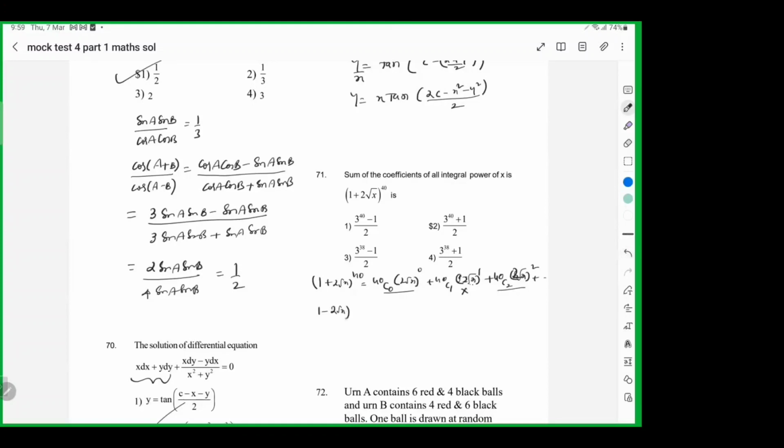2 root x whole power 40. 40 c naught 2 root x whole power 0 minus 40 c1 2 root x whole power 1 plus 40 c2 2 root x whole square. So I'm adding these two. 40 c naught plus 40 c2 into 2 square x, like this.